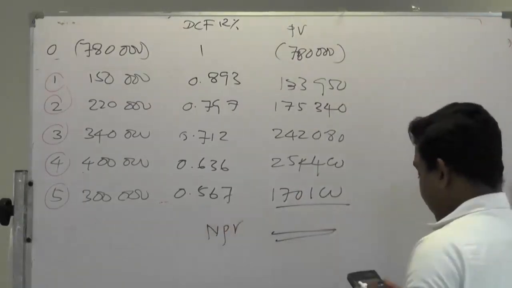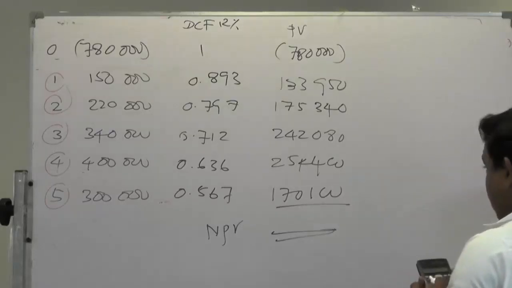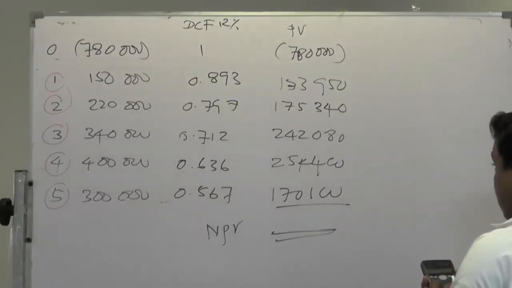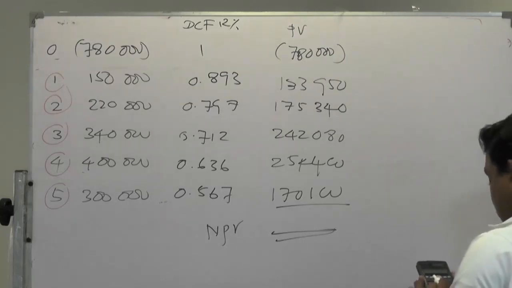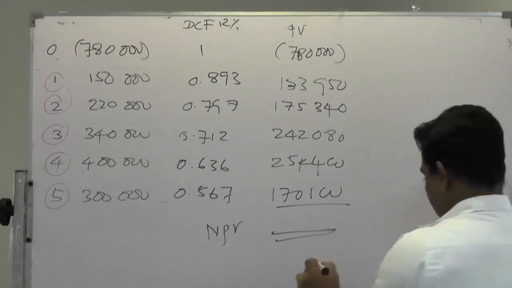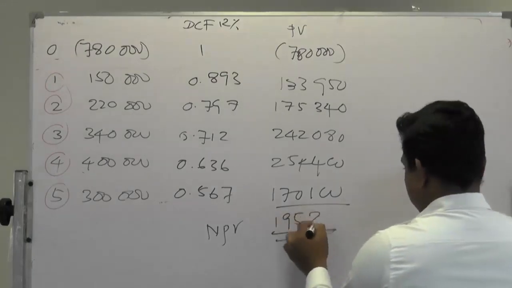Let's see the net present value. It would be 195,870.